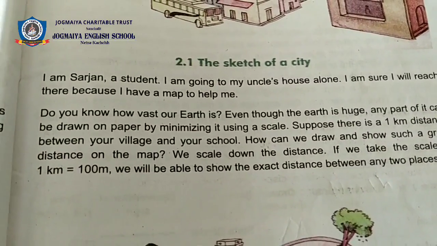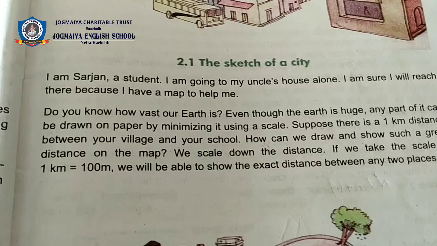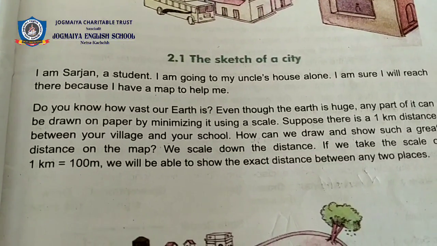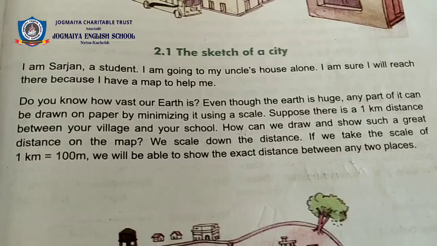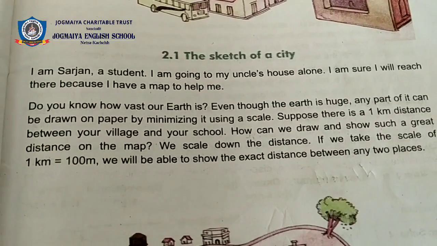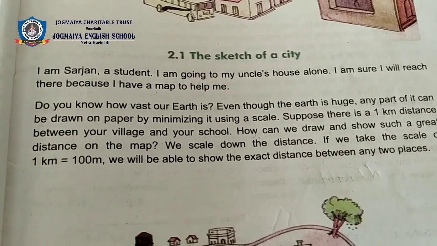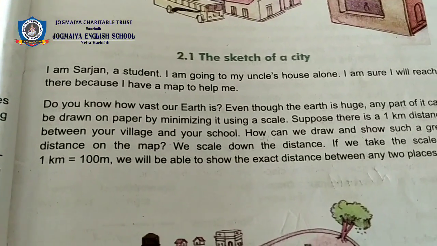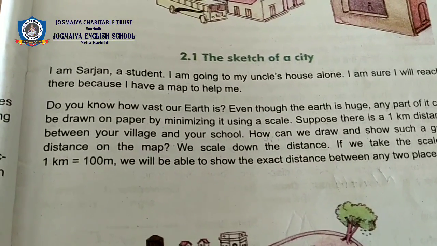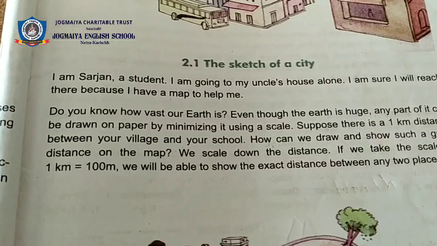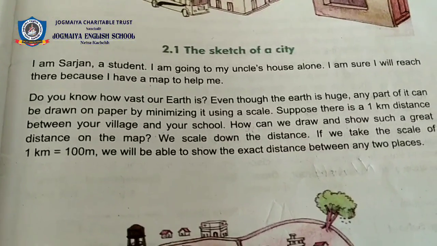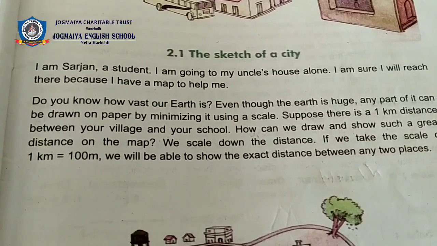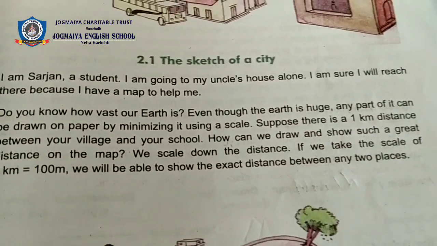If you want to learn about the globe, the entire earth, I had previously shown you our school's globe in the last lecture. And now if we want to sketch a part of the earth, we can minimize any part of it. Though it is large or small, we can minimize it.